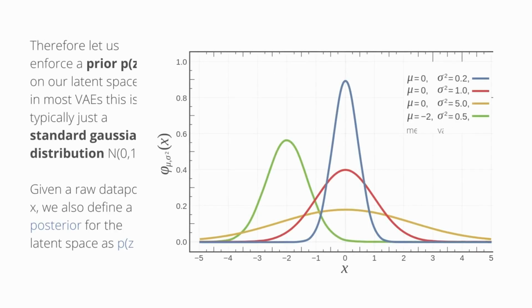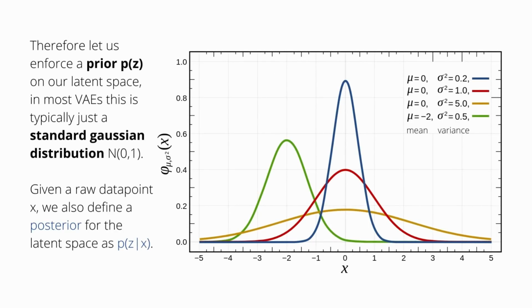Next one. If you are still not familiar with the prior distribution in our latent space, I can tell you a secret. In most variational autoencoders, this is typically just a standard Gaussian distribution. If you're not familiar with this, we have it here on our right-hand side. You have the two parameters we need, the mean and the variance, so our mu and our sigma squared.